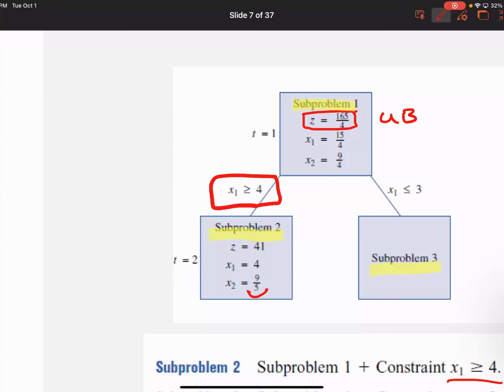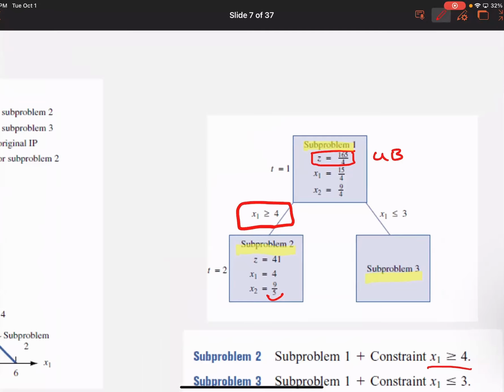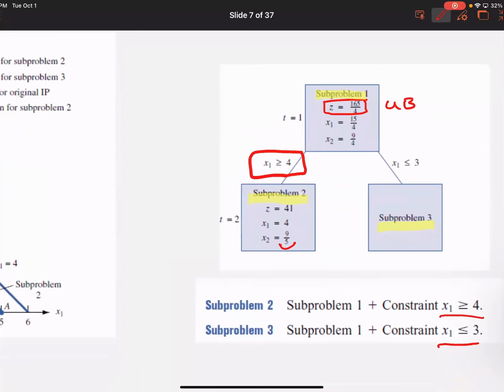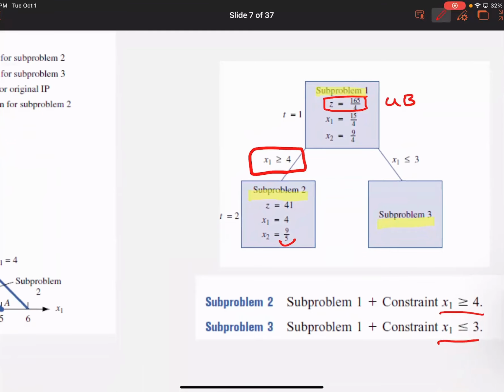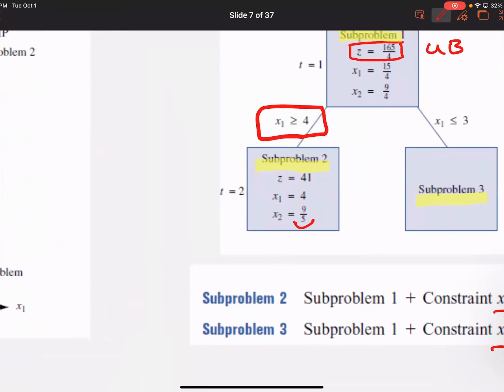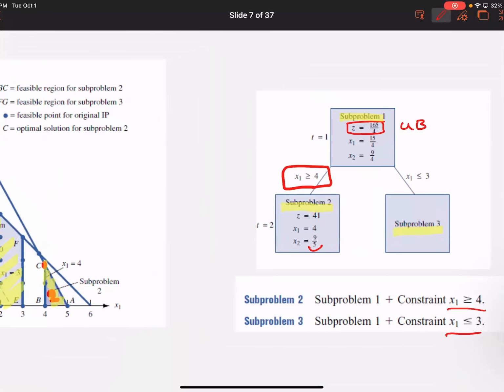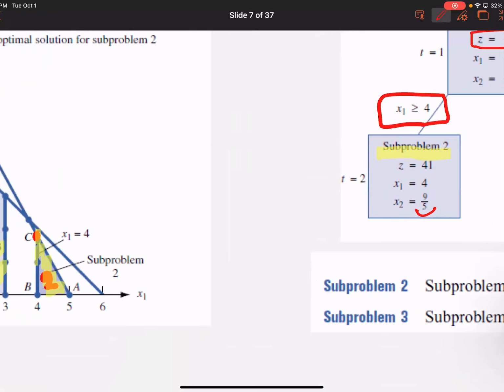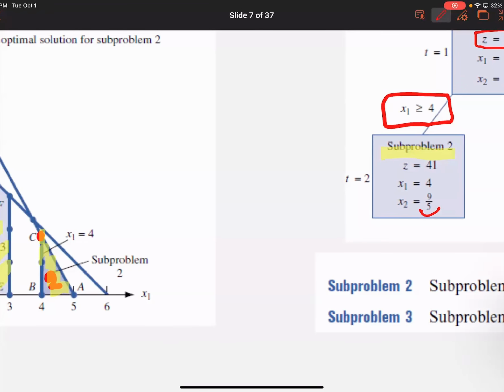All right. So now I found this answer, it's 41. Now I need to do the same thing here. This is my original problem now, subproblem 2, this triangle, and I found the answer here, 4 and 9/5. I need to branch on it.